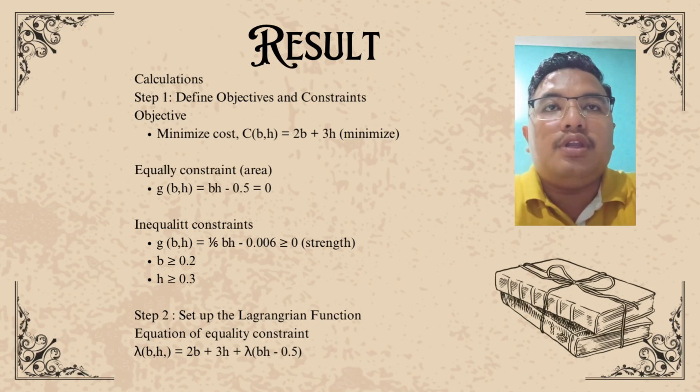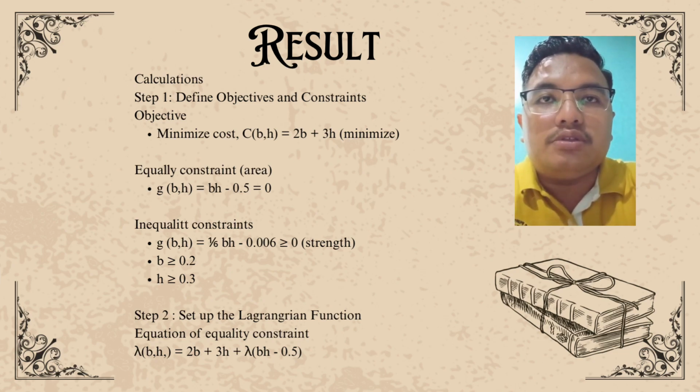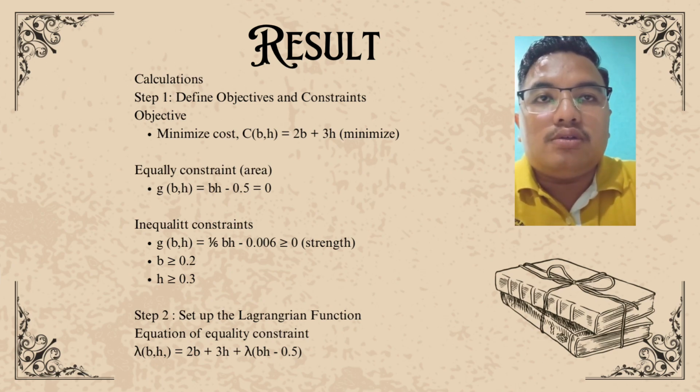Step 1, defining the problem. The goal is to minimize the cost function C(B,H) equal to 2B plus 3H, while satisfying the equality constraint that the cross-sectional area must be BH equal to 0.5 square meter. The inequality constraint for the strength requirement is 1/6 BH squared must be greater than or equal to 0.006 cubic meter.